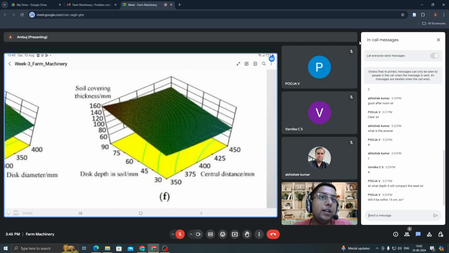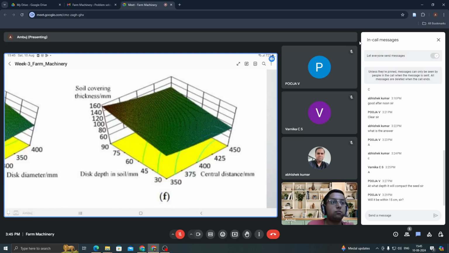Are you able to find it from the figure? If you are able to draw some interpretation from the figure, then you will be able to optimize the process and draw some conclusions also.